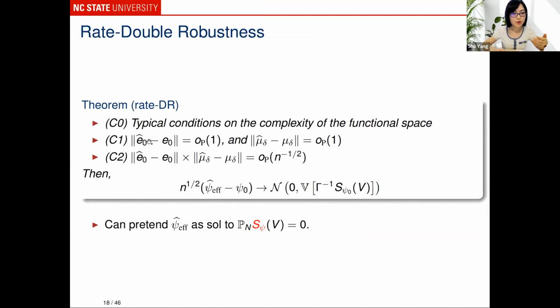We require the two nuisance function estimators to be consistent, and the combined rate of convergence to achieve root-n. Then we can show that the efficient estimator is root-n consistent, asymptotically normal, and can achieve the semiparametric efficiency bound. So the result tells us that we can treat the efficient estimator as the solution to the estimating equation as if the nuisance functions are known.